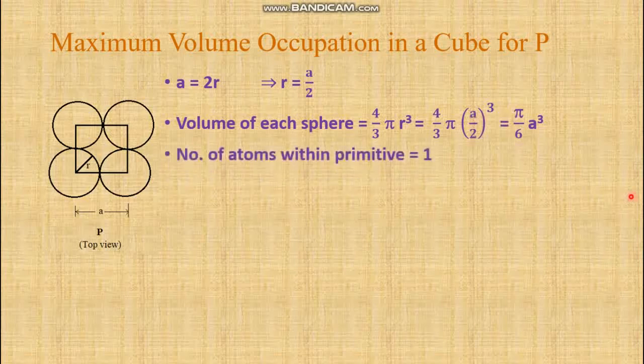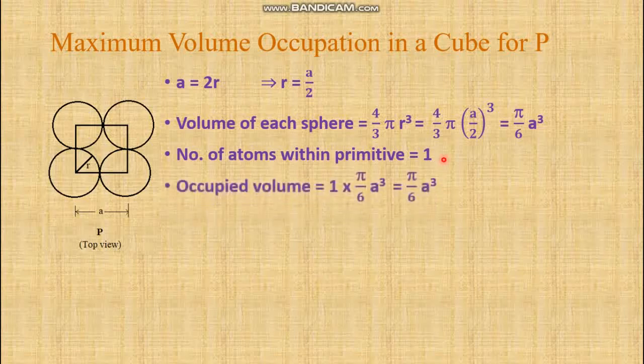Now in a primitive space lattice, you have only one atom inside the cube. So the occupied volume is actually 1 into pi by 6 a cube. This is the occupied volume. 1 means one number of atoms is inside, and each atom has the volume in terms of a as pi by 6 a cube.